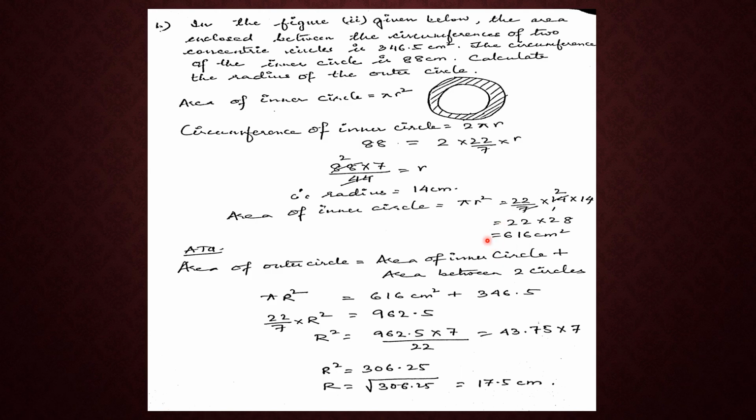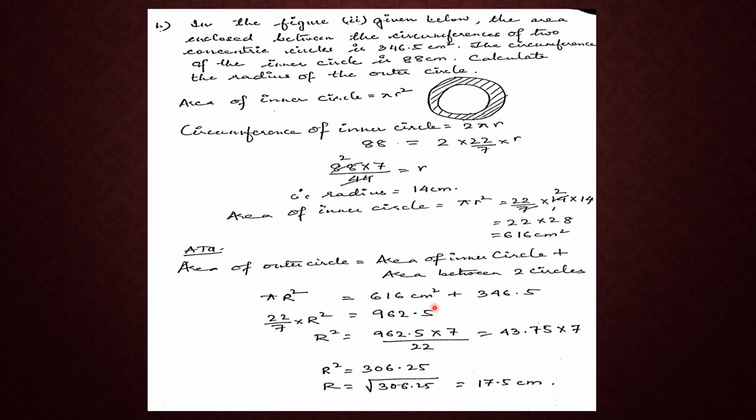Now according to a formula similar to the one we used in the previous sum, the area of the outer circle will be the area of the inner circle plus the area enclosed between the two circles. So the area of the inner circle we have found is 616 centimeter square and the area between the two concentric circles is already given, that is 346.5 centimeter square.